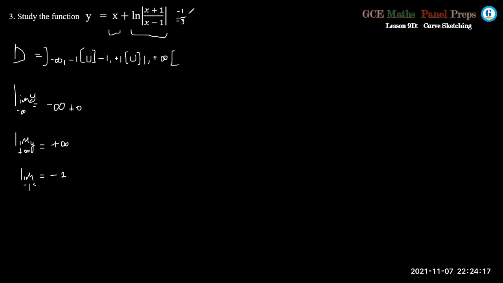And the ln of the absolute value of this, 1/3, is the same as negative ln 3. So we have negative ln 3 plus negative 2. So this limit is going to be equal to negative infinity, because you know that we are taking the limit at an asymptote.